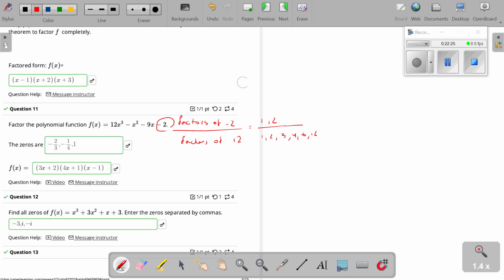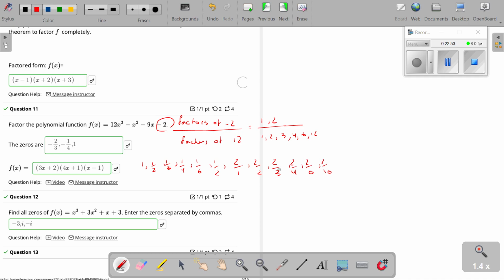So what are the possible zeros of the function? You're going to divide everything from top by the bottom. So 1 by 1 is 1, 1 divided by 2, 1 divided by 3, 1 by 4, 1 by 6, and 1 by 12, and then 2. 2 divided by 1, 2 divided by 2, 2 divided by 3, by 4, by 6, and by 12.